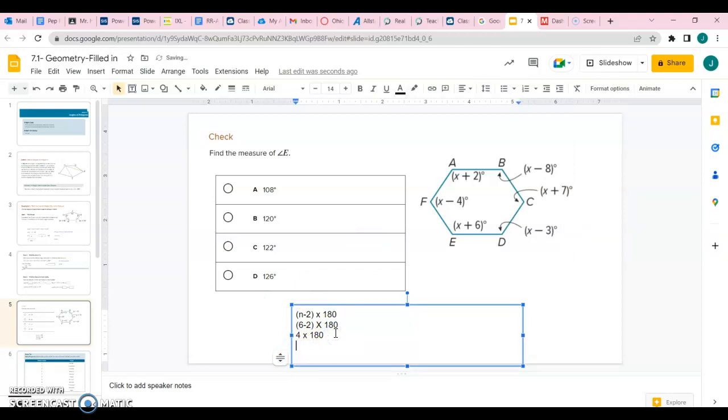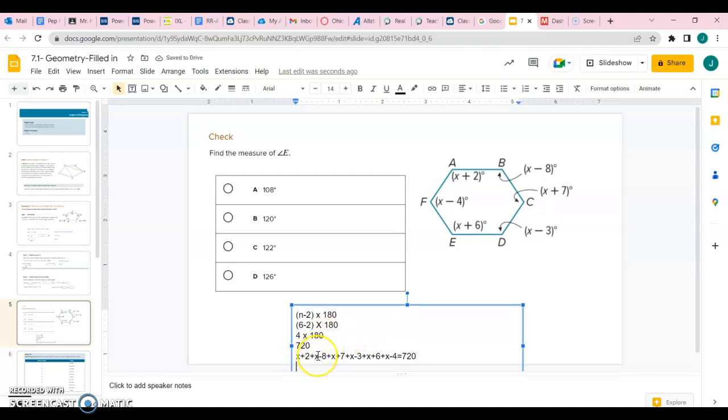So now I can plug in everything in order to figure this out. I would have x plus 2 plus x minus 8 plus x plus 7 plus x minus 3 plus x plus 6 plus x minus 4 equals 720. Now I'm going to combine my like terms.